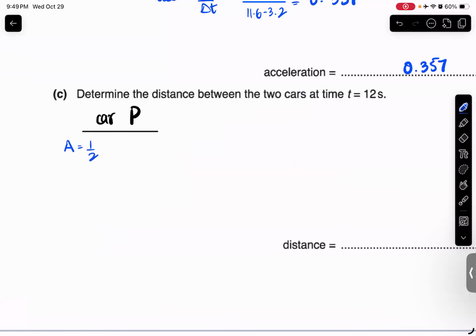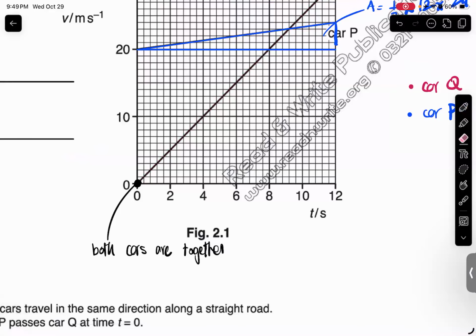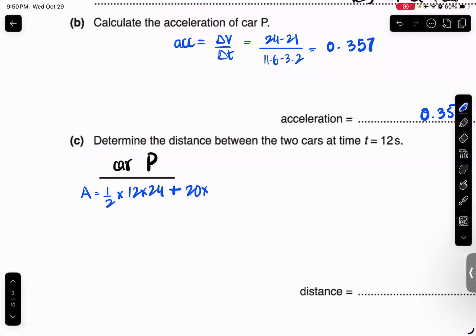So area is equal to 1 over 2 into base 12 into 24, plus you have the bigger rectangle over here as well, right? So this rectangle has a length of 12, and what is its base or length? That is 20 into 12. So area is equal to 1 over 2 into 12 into 24 plus 20 into 12. Yes, Kaima, with me?